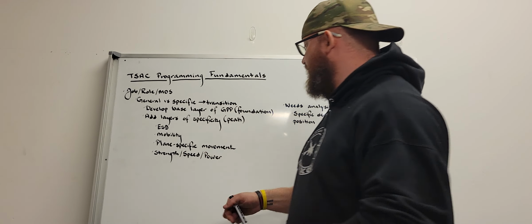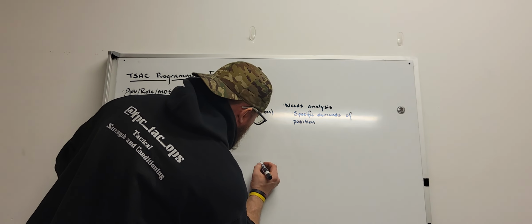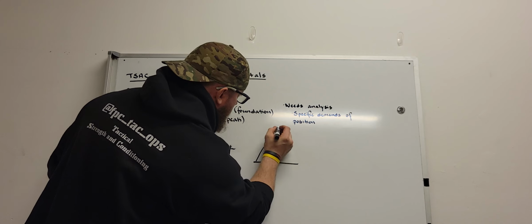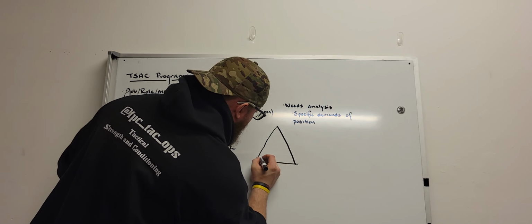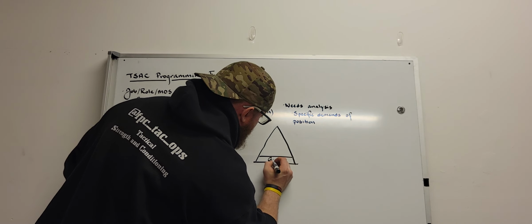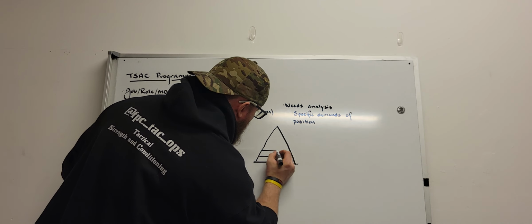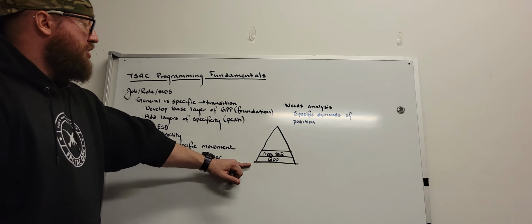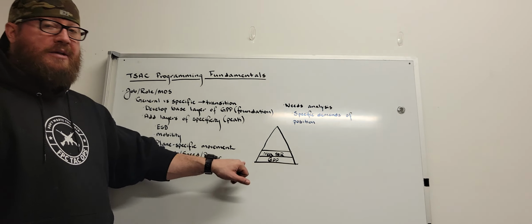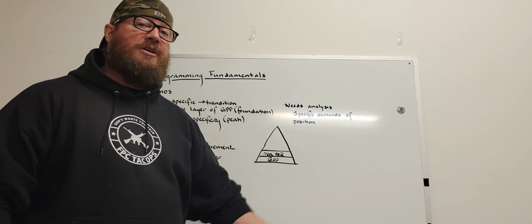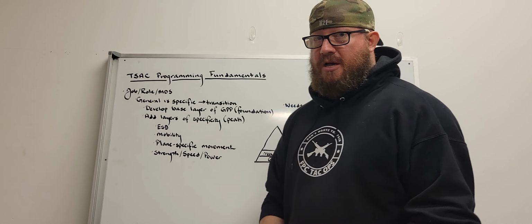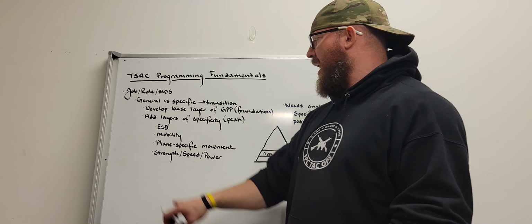Once we get above GPP, so again, if we have our pyramid, and an artist I am not, so if we have GPP, from here we have max strength. If GPP is the foundation, max strength should be the next layer of the foundation, the next layer of specificity.